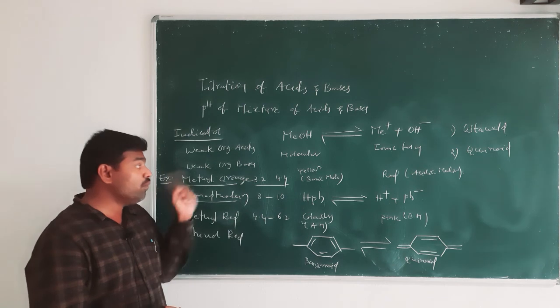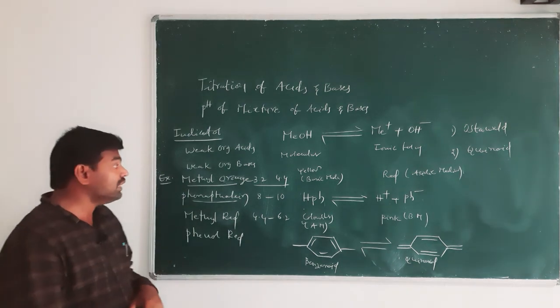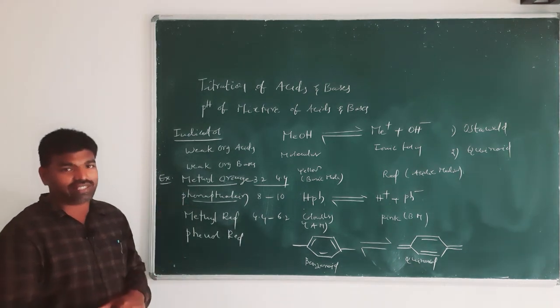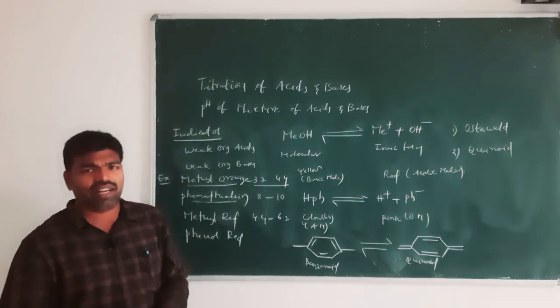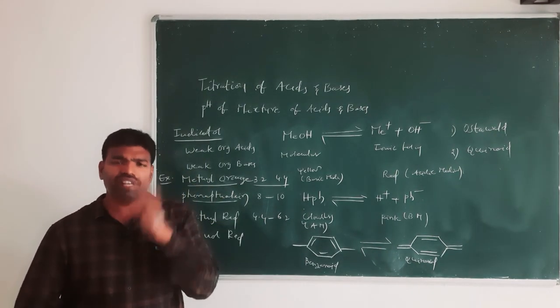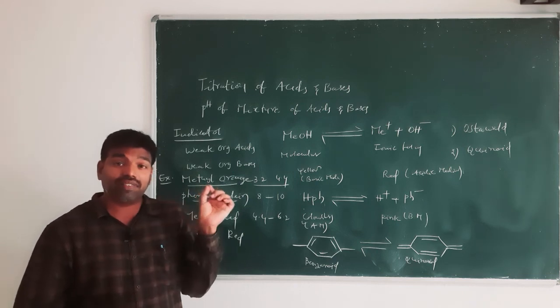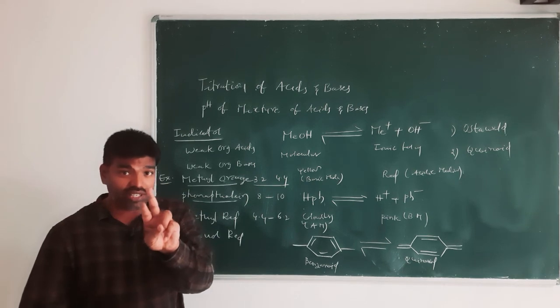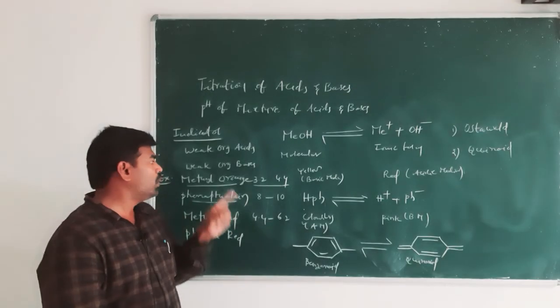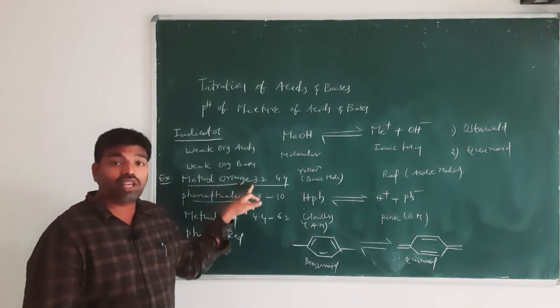Okay. And one more thing is that there is a selection of indicators for every titration. For strong acid, strong base titration, you can use any of the indicators, but for strong acid, weak base titrations, in that combination acid is strong, so we can use the methyl orange indicator.